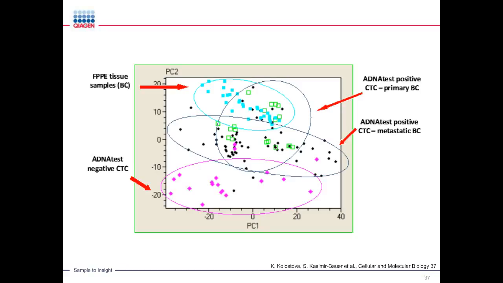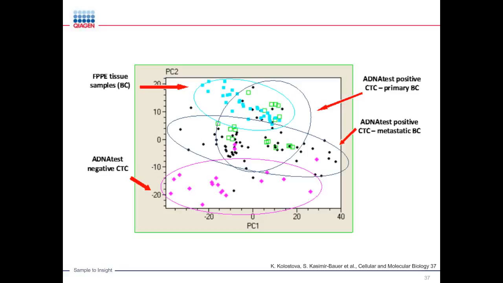In black, you can see the positive CTC findings that we had in metastatic disease. In green, you see the positive CTC findings in primary disease. And in purple, you see the negative, AdnaTest negative samples.